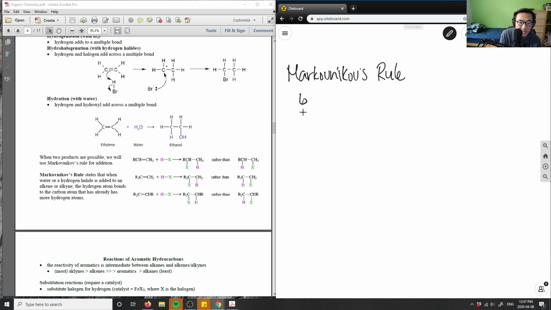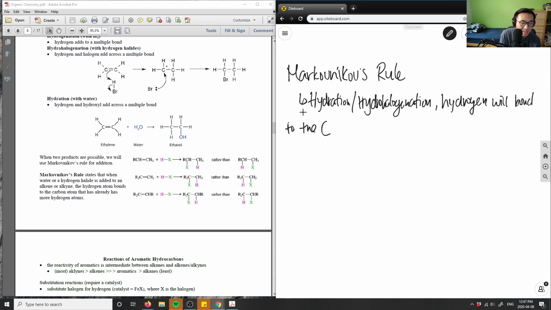I can rewrite this as, if I choose to do a hydration or hydrohalogenation, the hydrogen will bond to the carbon, the C, with the most hydrogen bonds attached to it.